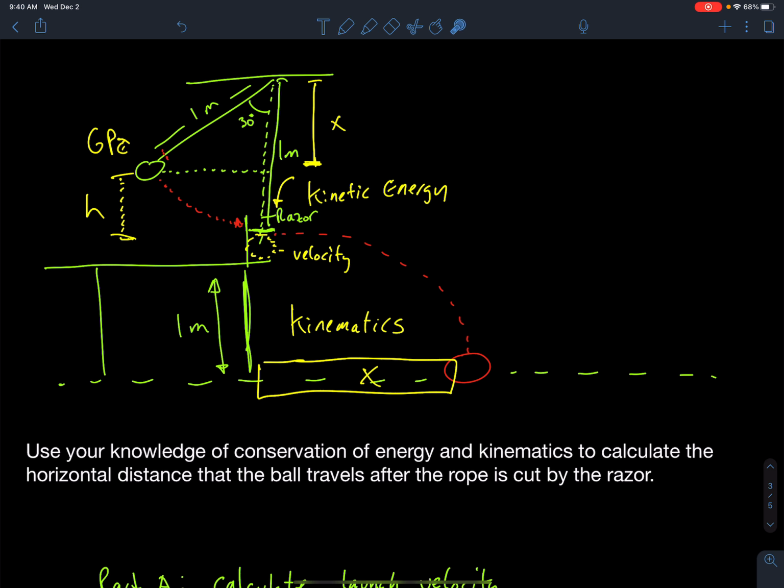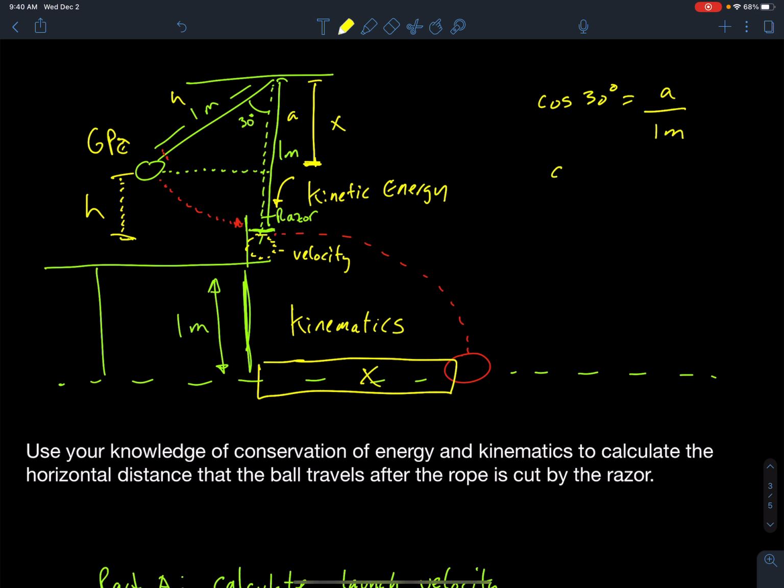And that, 1 meter minus whatever that length is here, is going to give me the height that I actually lifted that up by. So how do I calculate this side? This is my adjacent. That's my hypotenuse, so it's a cosine function. Remember, cosine 30 degrees is equal to adjacent, which is what we're trying to solve, over 1 meter.